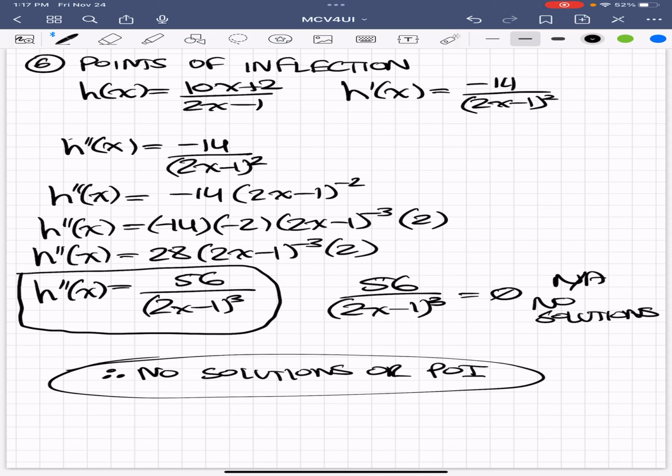So there are no solutions or points of inflections for this rational function question.